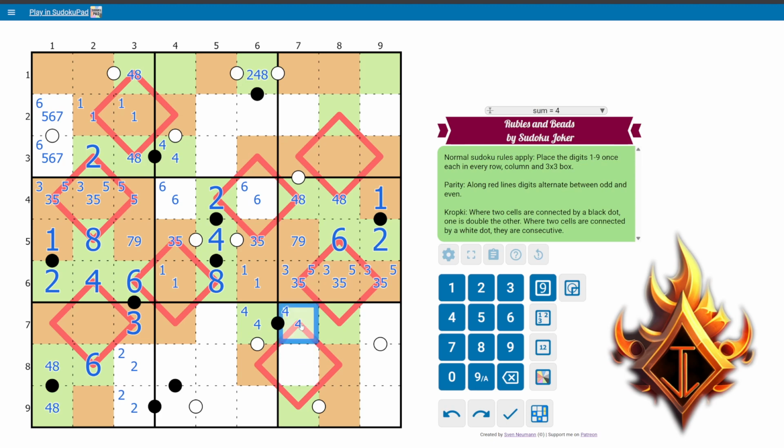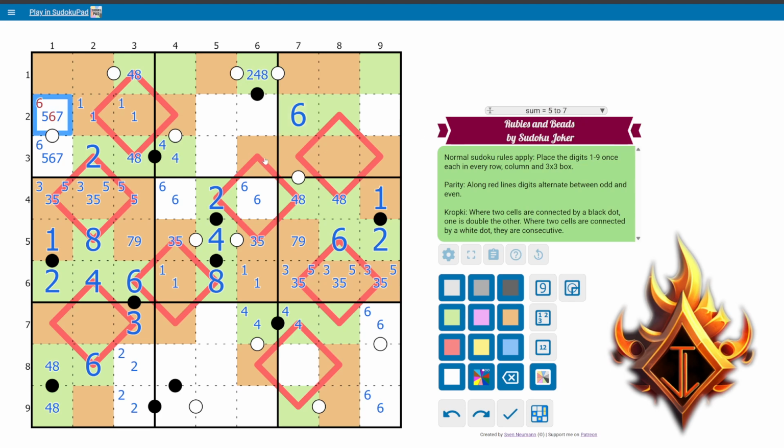Well, oh, it can't go here either. It can't go here because that would have to be 3. Can't go there because it's in the row. So we'll be in one of these spots. That will put it here. So this will become 6. And that will be a 5 or 7.